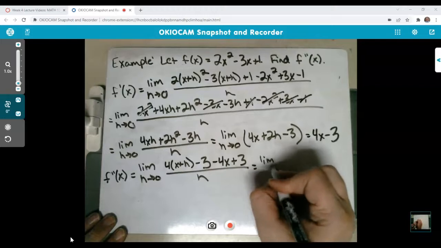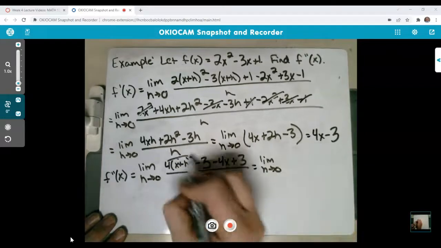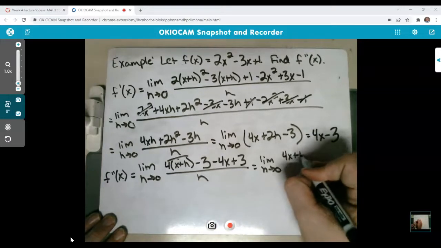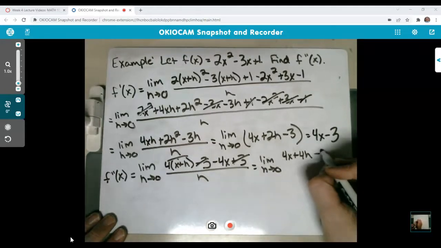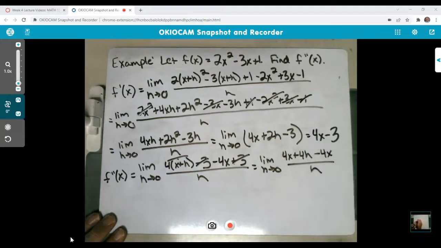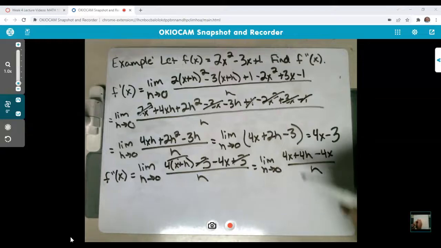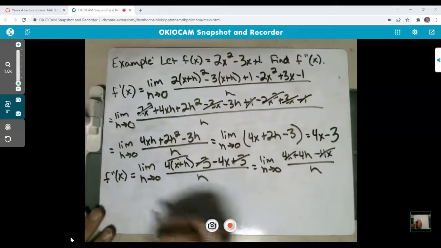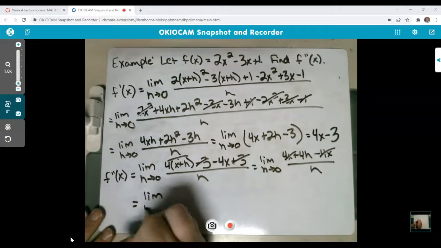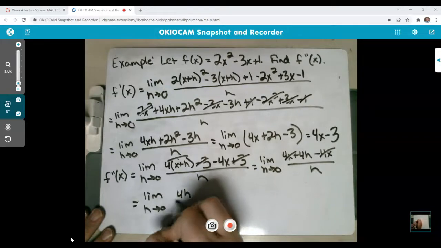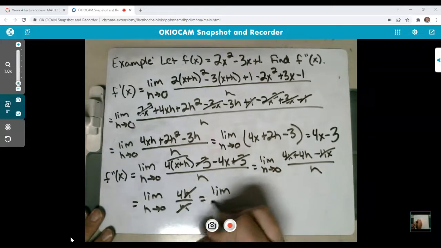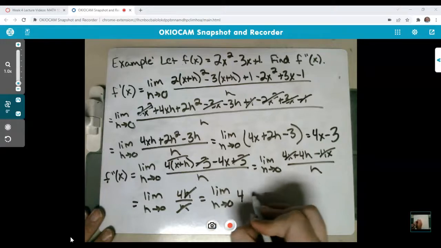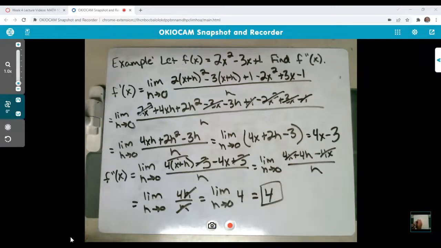That's going to be the limit as h goes to 0. Distribute my 4. 4x plus 4h. 3's are going to cancel out. So we're left with just minus 4x over h. But then notice here we have 4x minus 4x, so those are out of there too. So we have the limit as h goes to 0 of 4h over h. Cancel out the h. Limit as h goes to 0 of 4, which we know is 4. So f double prime of x is just equal to 4.